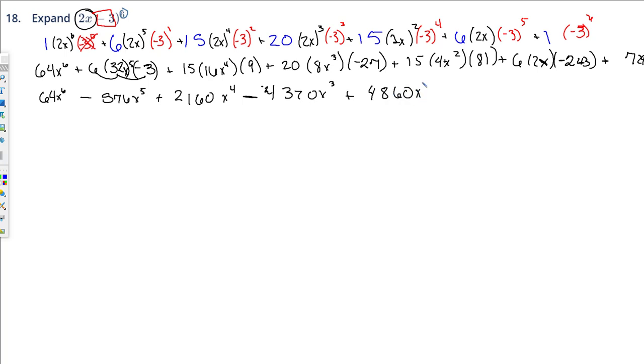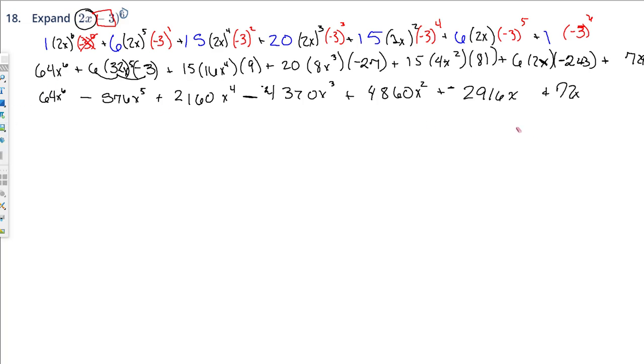6 times 2 times 243, and negative 243. So plus a negative 2916 is the same thing as minus 2916.